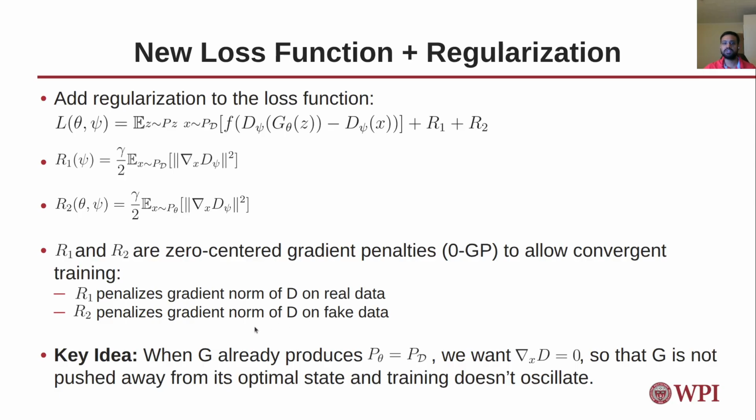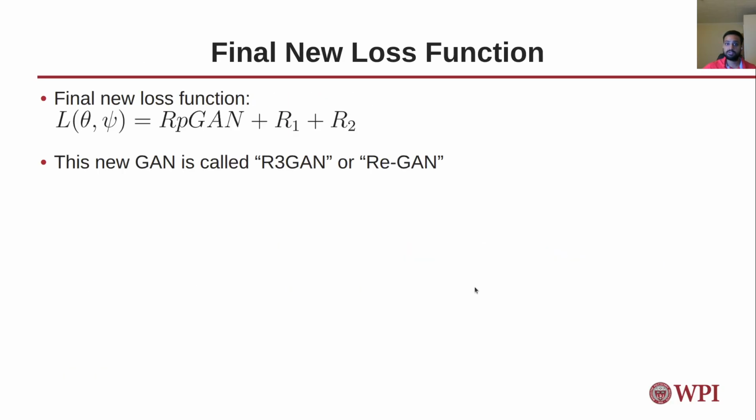The key idea here is that when G already produces p_theta equals p_D, we want the gradient of D to be 0 so that G is not pushed away from its optimal state and training doesn't oscillate. So the final loss function is a combination of RpGAN plus R1 plus R2 gradient penalties, which is also called R3GAN.